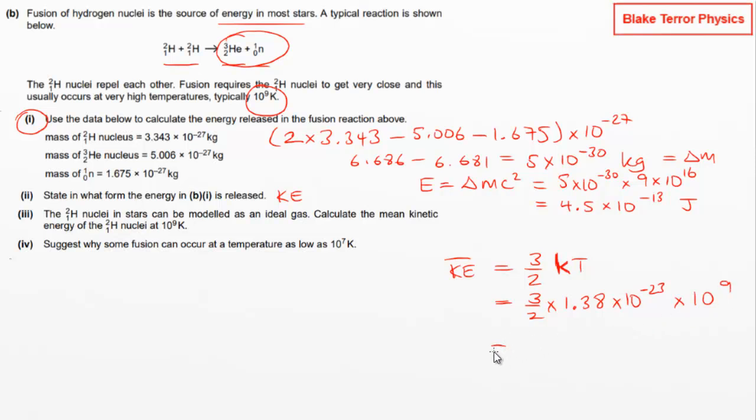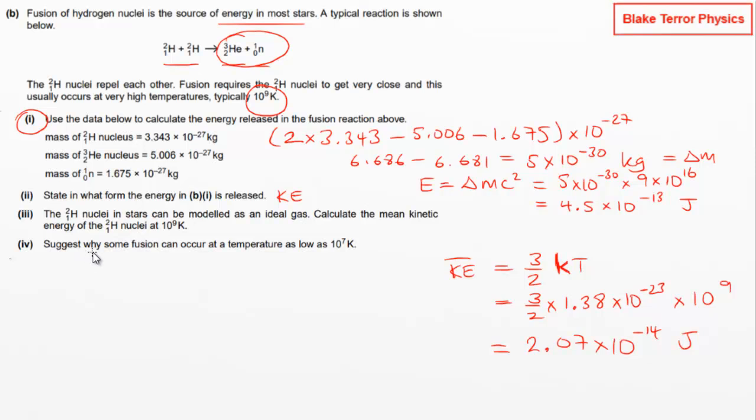So what's 3 over 2 of that? 207 by the time we've done 3 over 2 of that. And then we're going to have 10 to the minus 14 joules. Excellent.